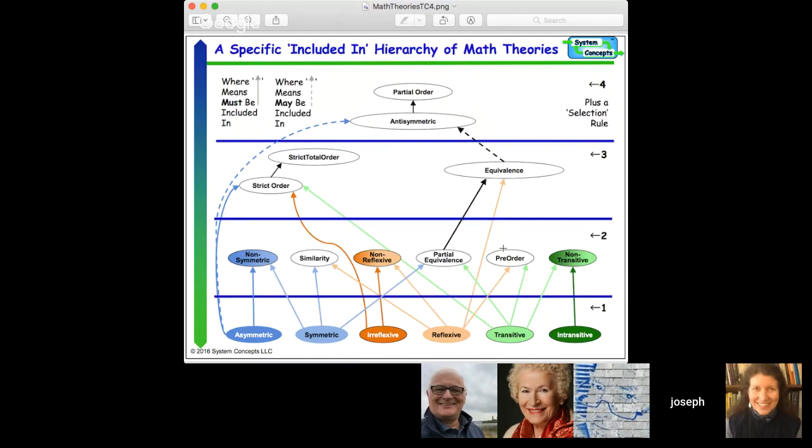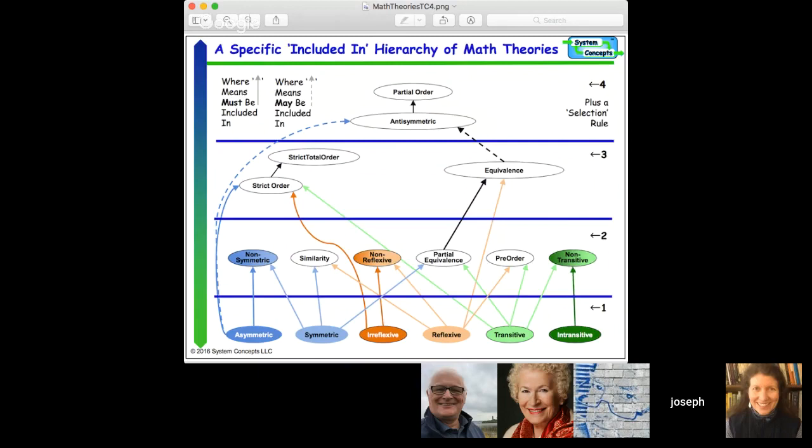Okay, so equivalence has to be reflexive, it has to be transitive, and it has to be symmetric, right? So equivalence comes from symmetric, reflexive, and transitive. Usually I would think of those three properties all going into equivalence.